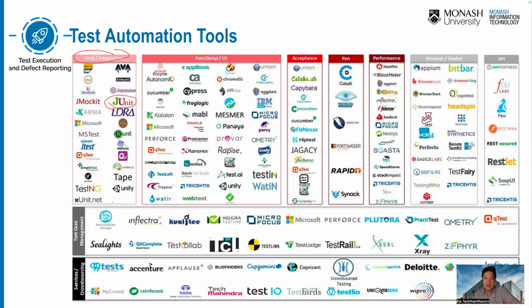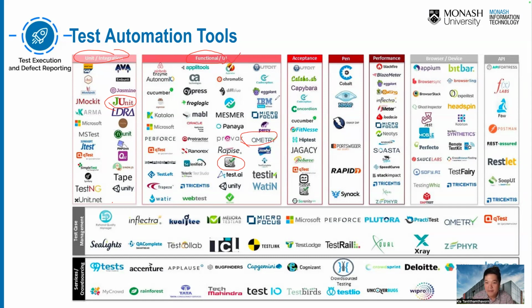We can automatically test the functionality of the software system or the UI as well. Selenium is quite well known, and Qmetry is quite well known as well. These are the two that are used for UI testing.